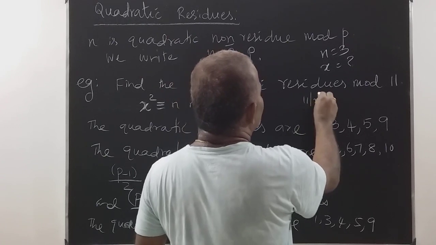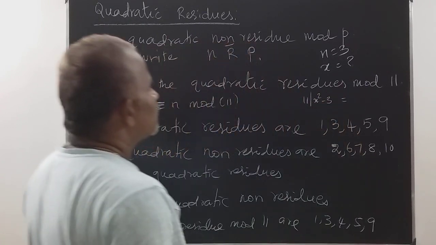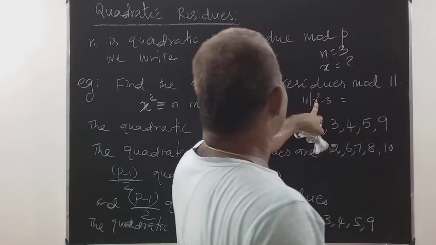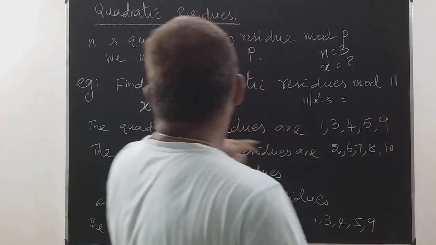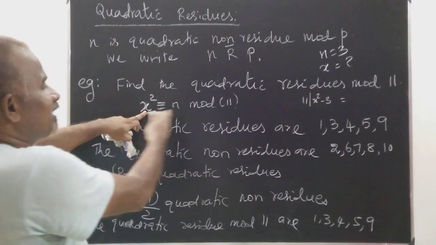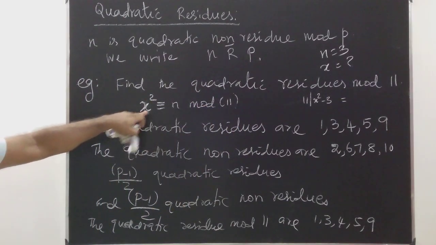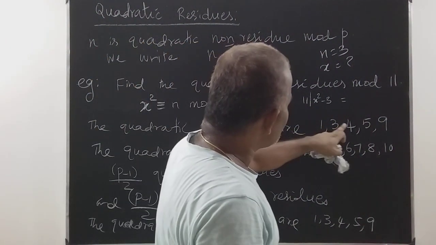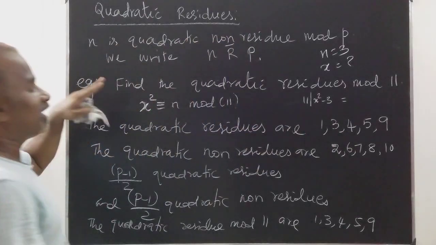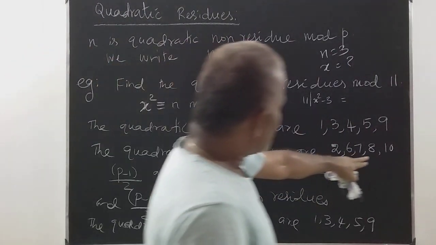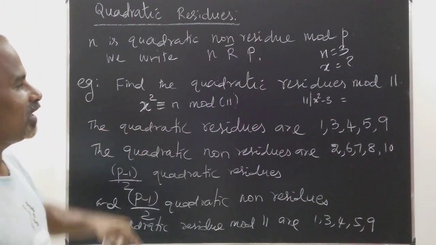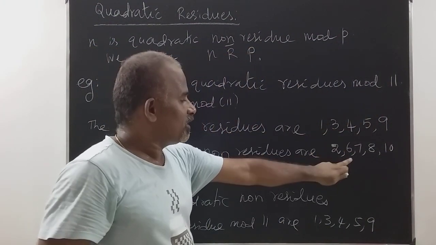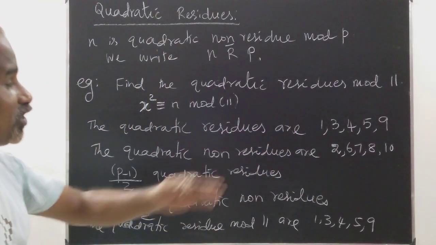Suppose x is equal to 6, what will happen? 36 minus 3 is 33. Therefore 11 divides 33. Likewise, for each of 3, 4, 5, 9 we can get an x, but for the non-residues we cannot get x. So this is quadratic residues mod p, this is quadratic non-residues mod p. This is most important.